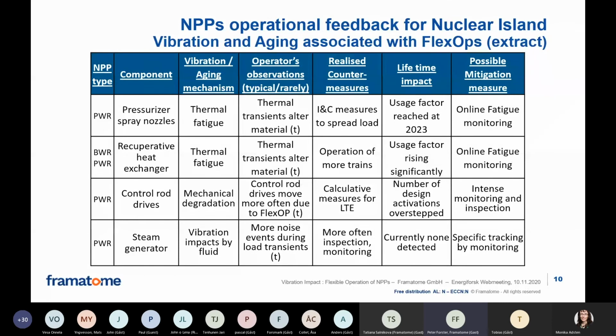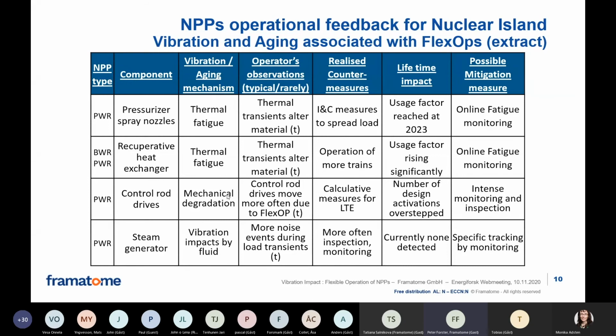The second row is on both PWRs and BWRs. The recuperative heat exchanger is also facing thermal fatigue, which alters the material because of the increased in and out surges.